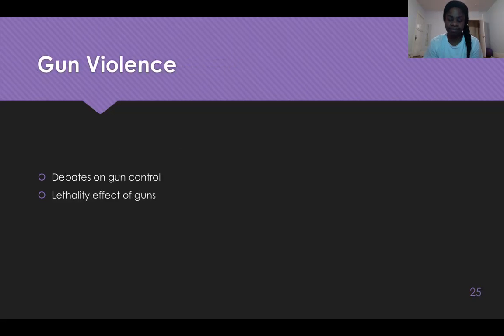Gun violence. There are obviously debates on gun control. Opponents of gun control accuse pro-gun control advocates of cherry-picking their countries to make their point and produce their own cherry-picked figures to make the opposing point.